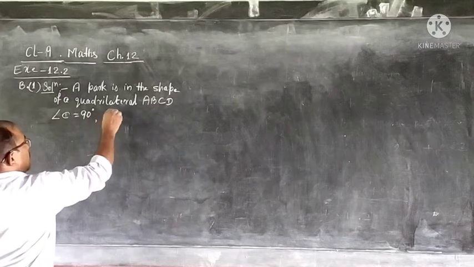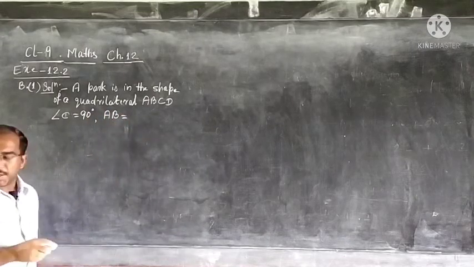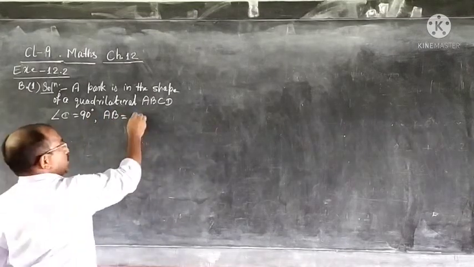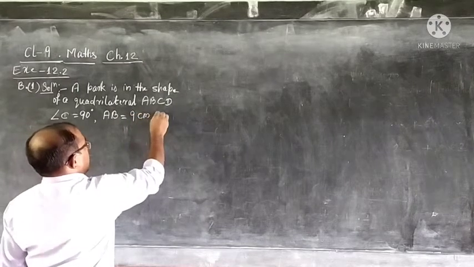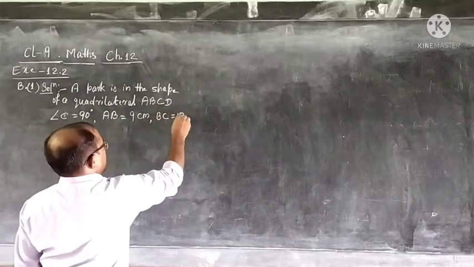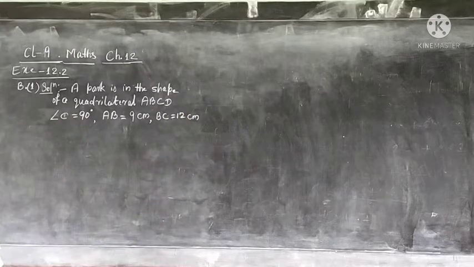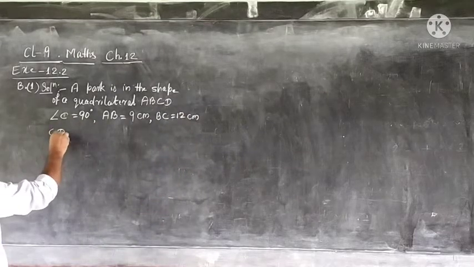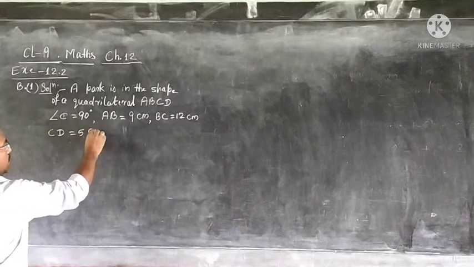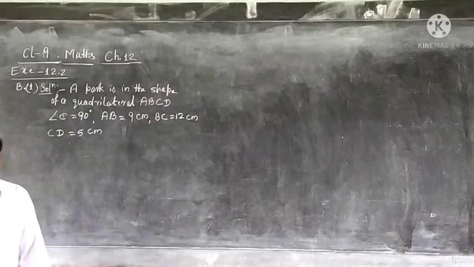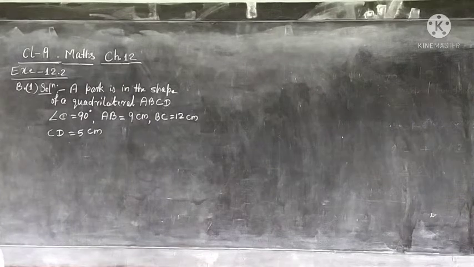Then some lengths of sides are also there. AB is 9 centimeter, BC is 12 centimeter and CD is 5 centimeter, or meter, since it is a park the dimension is supposed to be in meter.